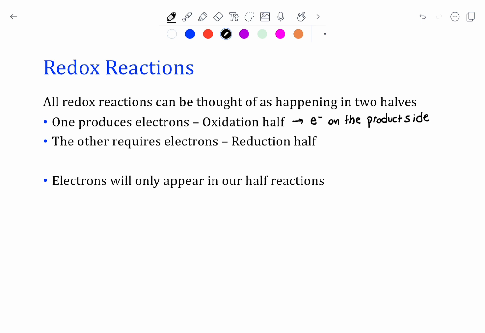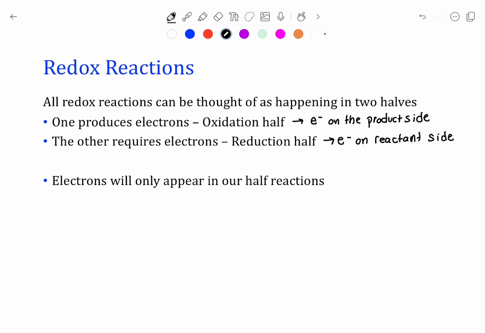The other half requires electrons, so it accepts the electrons, and this is referred to as the reduction half of the reaction. So here we would see electrons on the reactant side. They're accepting the electrons into that specific element, therefore it is going to be a reactant in the reduction half reaction.